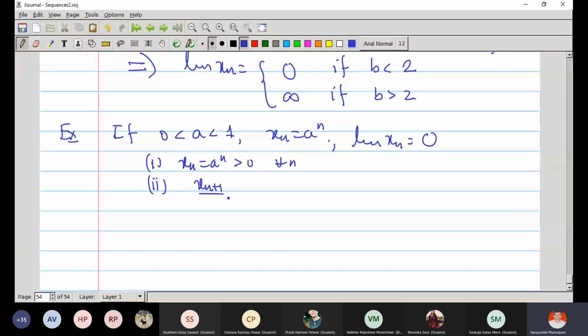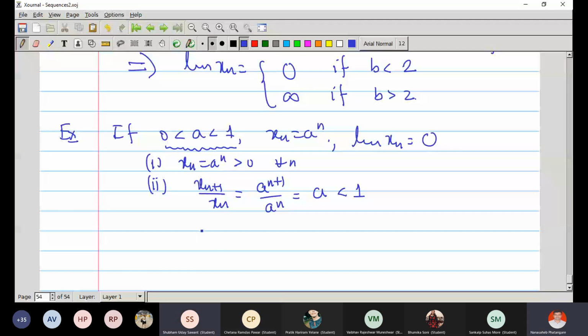Our term should be positive. And what is xn plus 1 upon xn? This limit should exist. So what is the limit of a raised to n plus 1 upon a raised to n? It is a. And what is a, by choice? Is it less than 1?